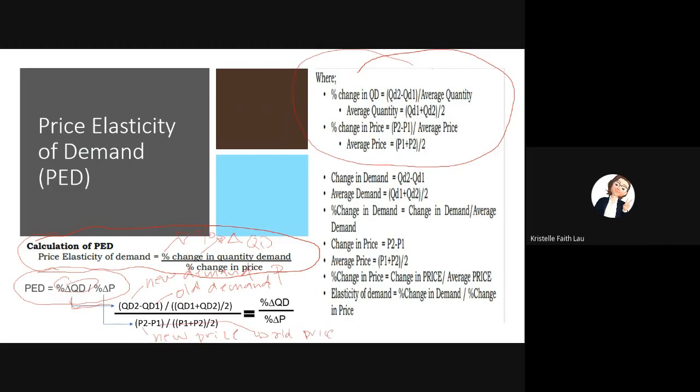So, for the percentage change in quantity demanded, let's calculate QD2 minus QD1, divided by QD1 plus QD2, then divided by 2. In horizontal form, the formula looks like this: QD2 minus QD1, divided by QD1 plus QD2.